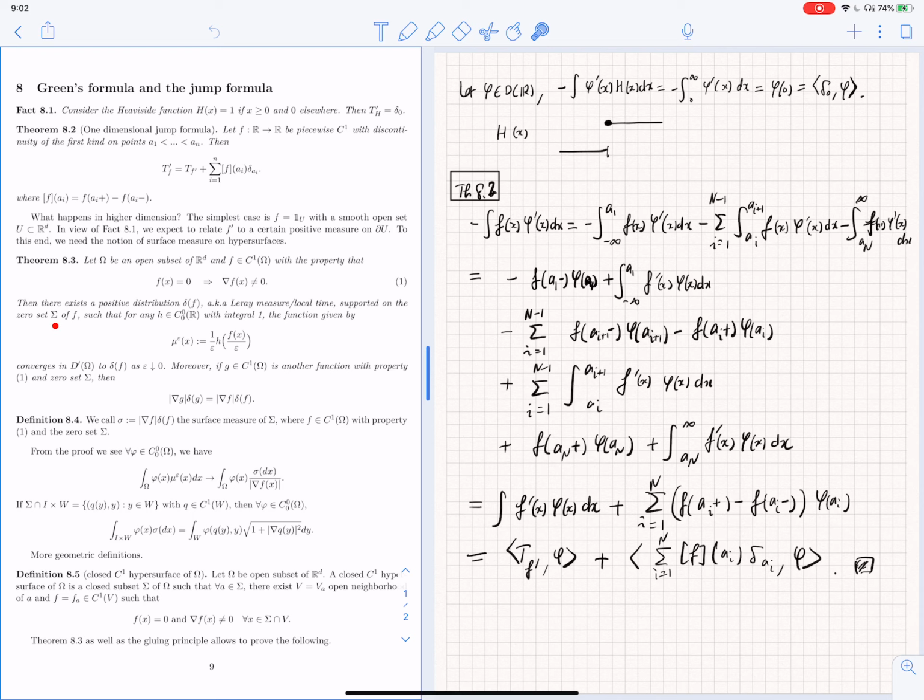The zero set we are going to denote by capital Sigma, such that for any h continuous function with compact support in R with integral 1, this is like an approximation of identity, right? So this (1 over sigma) h of (something over sigma) is the approximation of identity.